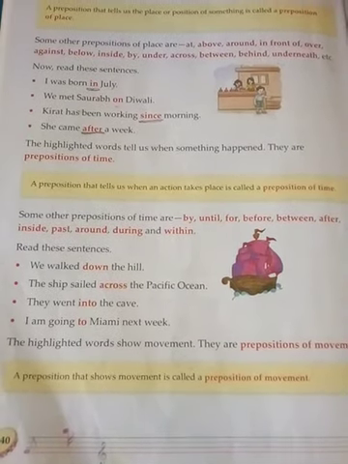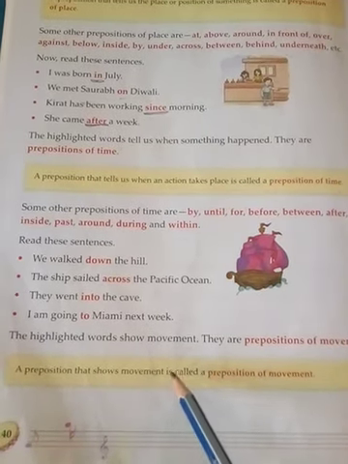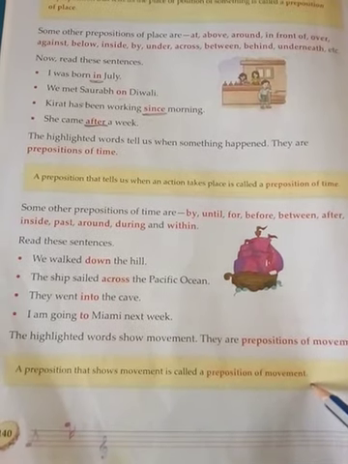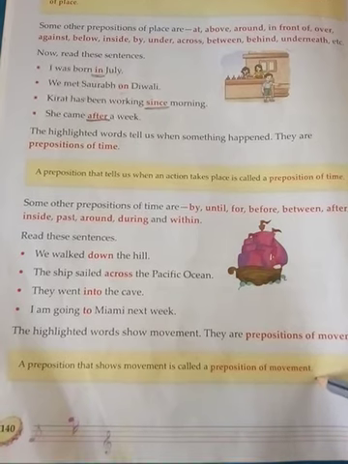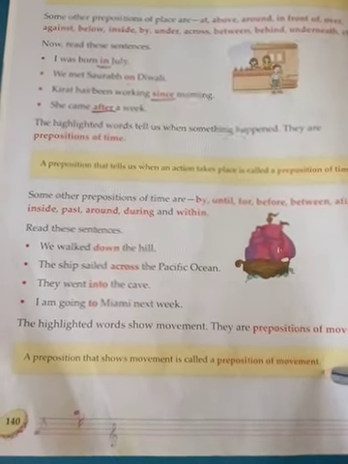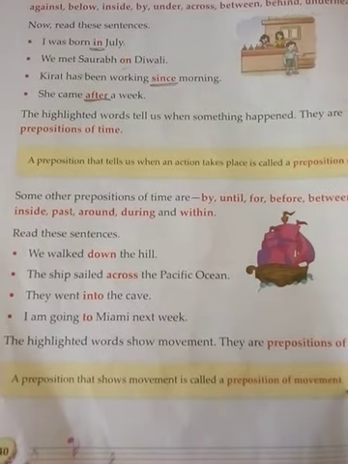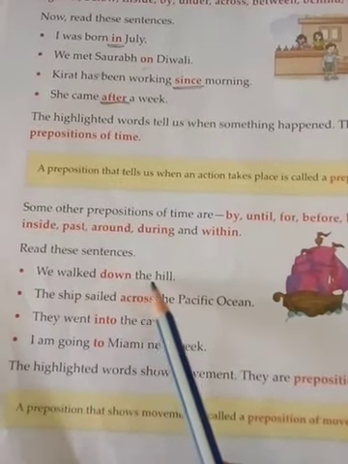Now let's see preposition of movement. A preposition that shows movement is called preposition of movement. Movement means in some walking position, or you can say in some running. It is in movement, so it is called preposition of movement. Such as, we walk down the hill.